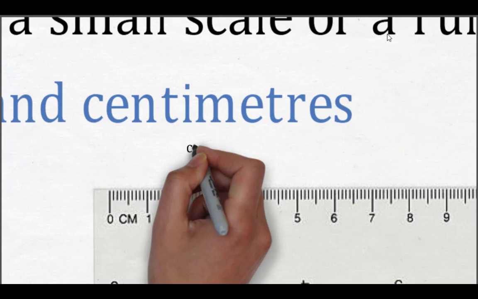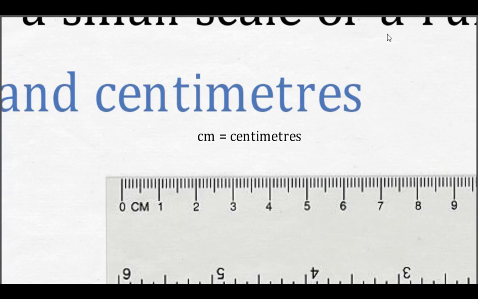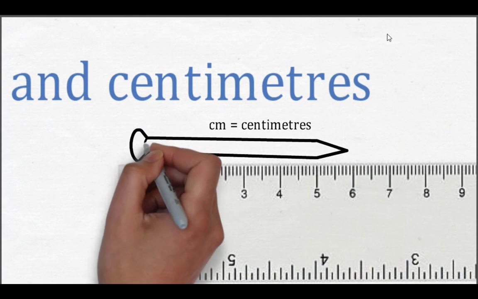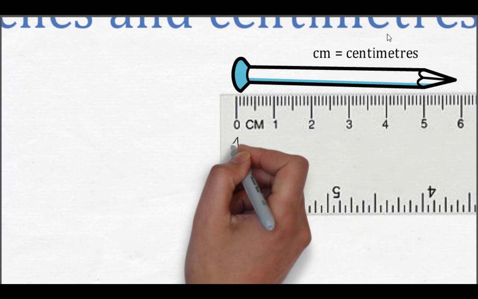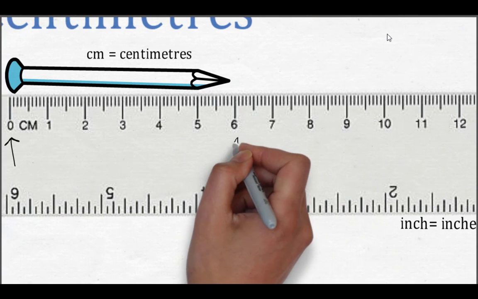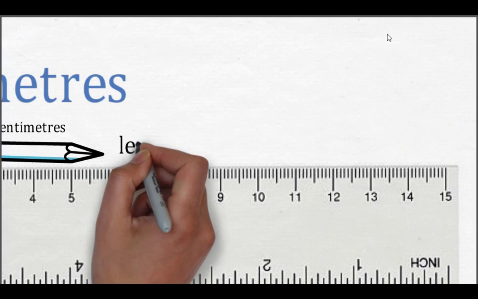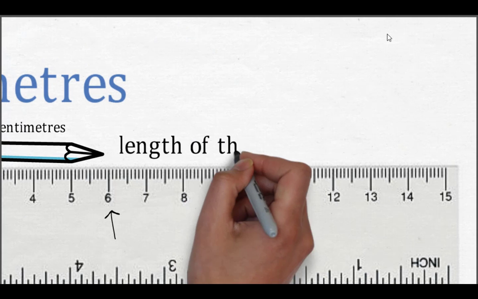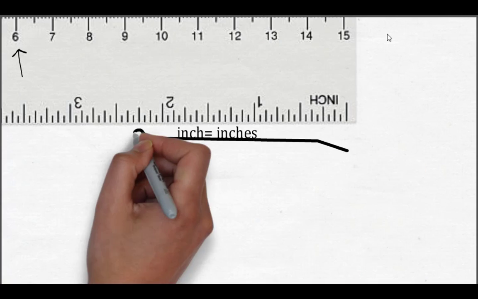Look at your scale also: cm, which means centimeters. Now let us measure this nail. We will start from 0, put the end of the nail at 0, and look at the end number, and it is at 6. So the length of the nail is equal to 6 centimeter.